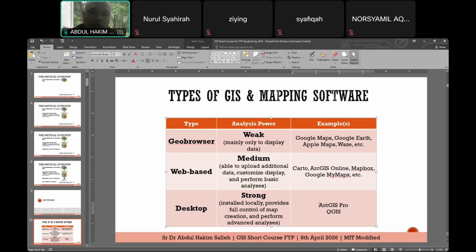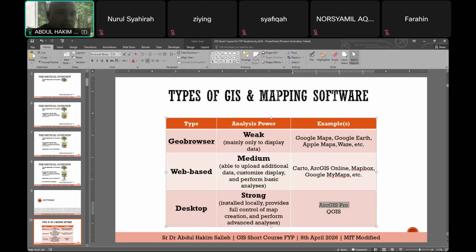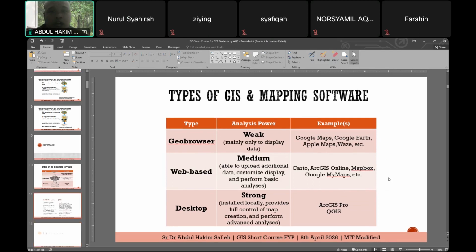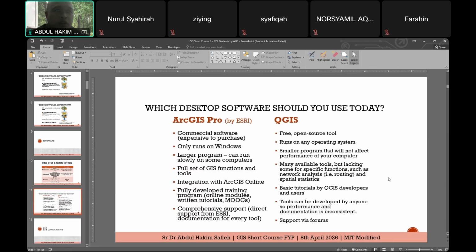The most used software is ArcGIS and Quantum GIS. But of course, ArcGIS is expensive. Therefore, we choose Quantum GIS. There are pros and cons, of course, between these two. But it's up to you and what analysis you want to do.